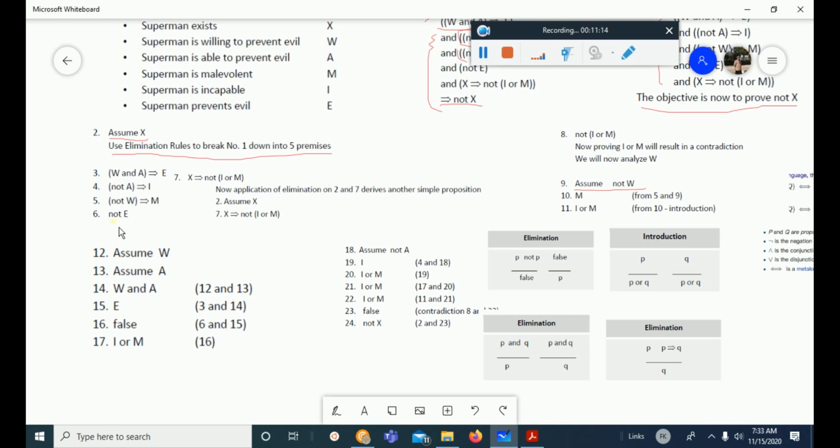Now we have an assumption not E. So E and not E: P and not P will be equal to false. Again we have I or M. Assume not A. When we assume not A, it gives us I, meaning incapable.